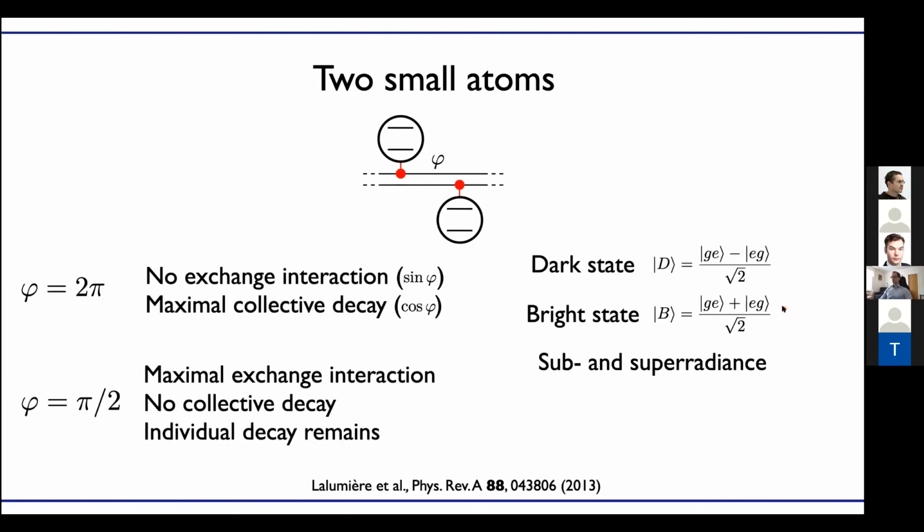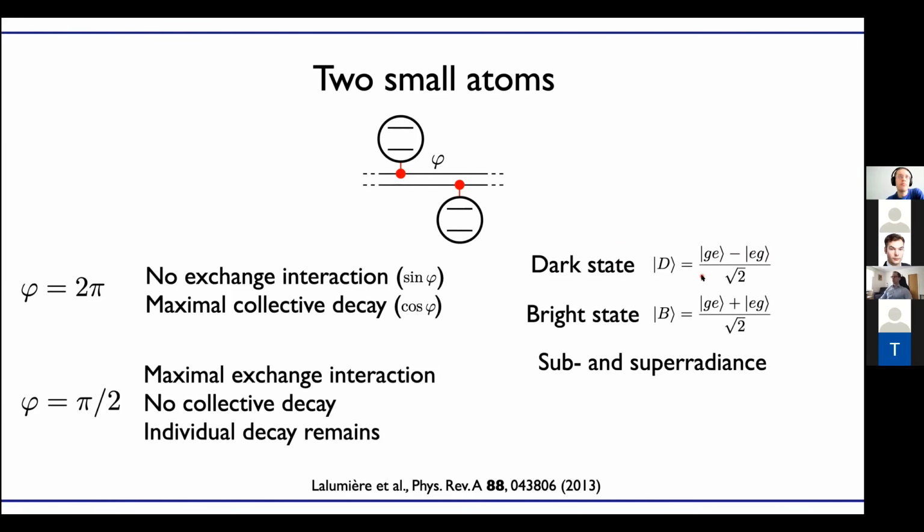You have what's called a dark state, this antisymmetric superposition, where if you were to have emission from this dark state, the emission from the second atom will be cancelled by the emission from the first atom, due to this minus sign here and the distance being 2 pi.